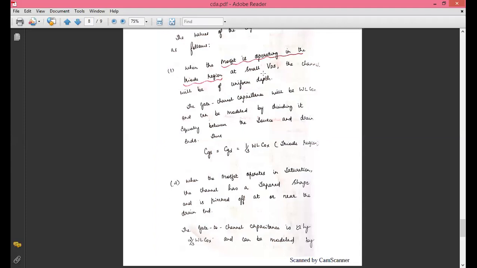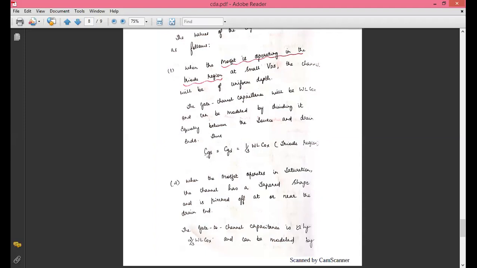So in this case you have to write: when MOSFET is operating in triode region, the value of VDS will be small. So the total capacitance effect is given by area into C of oxide. Area is nothing but W into L, I have shown you. So the two capacitances that exist are CGS and CGD, gate to source and gate to drain. Both are equal.